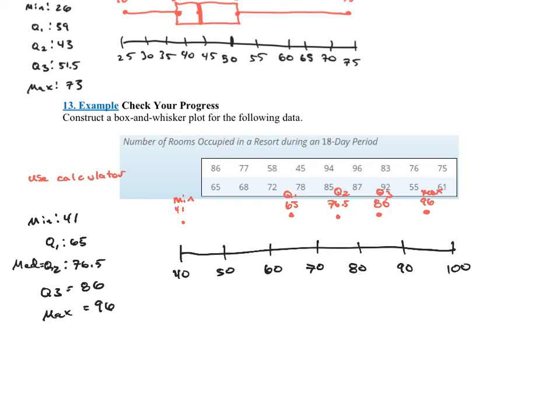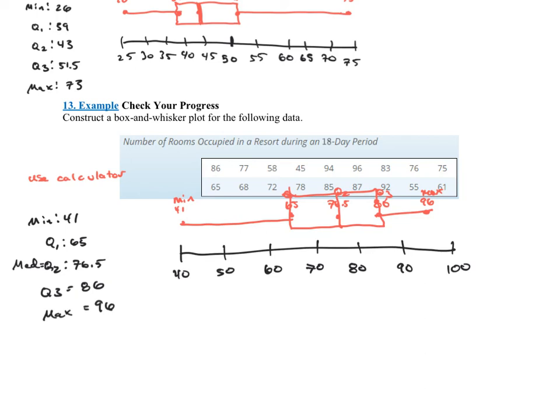Okay. We're going to draw a box from Q1 to Q3, a vertical line through Q2, a whisker from 41 to 65, and a whisker from 86 to 96.